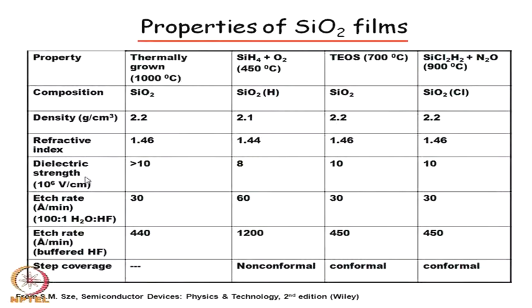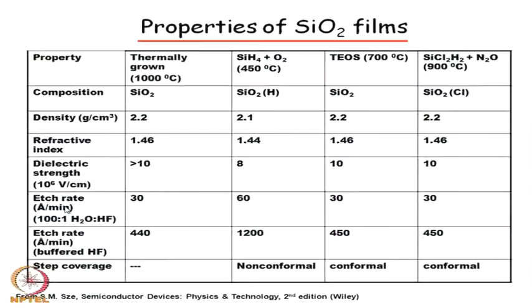So, that means for making some window or masking on Si for doping of say p type, n type, for ion implantation, for diffusion, one can use some kind of SiO2 layer over silicon.